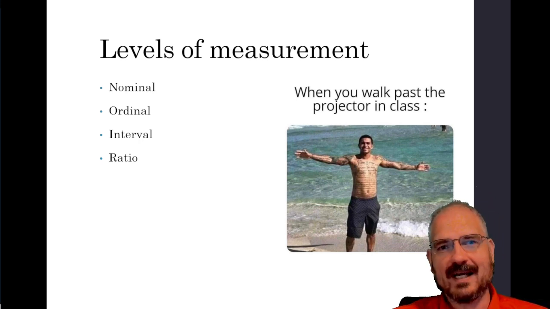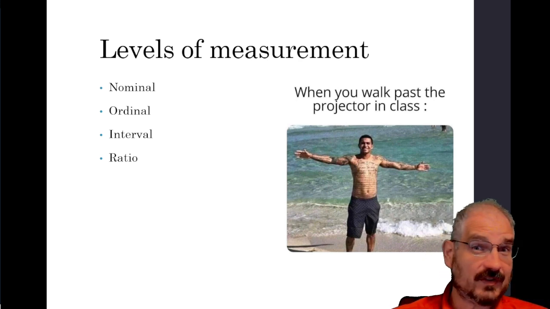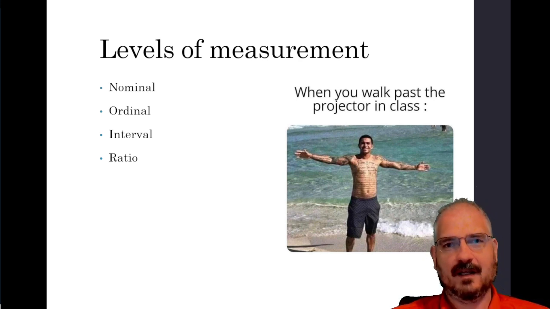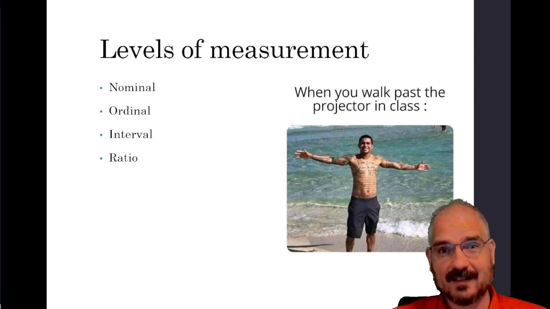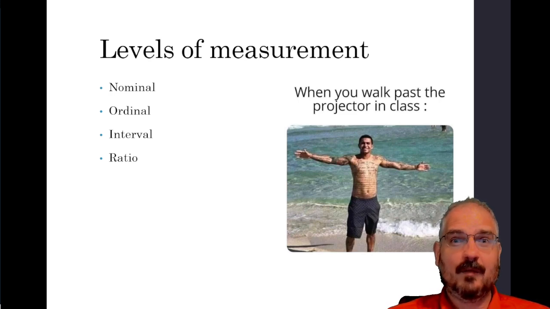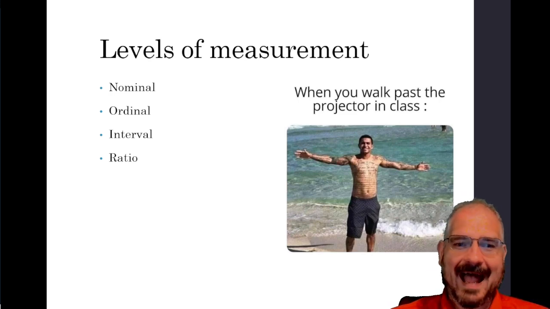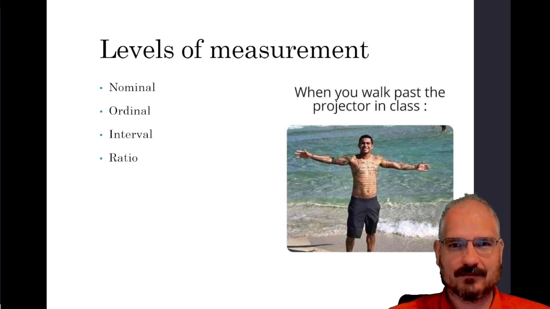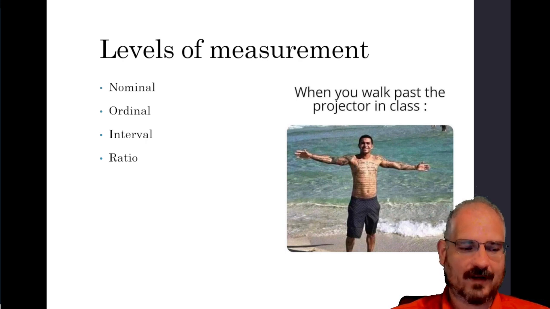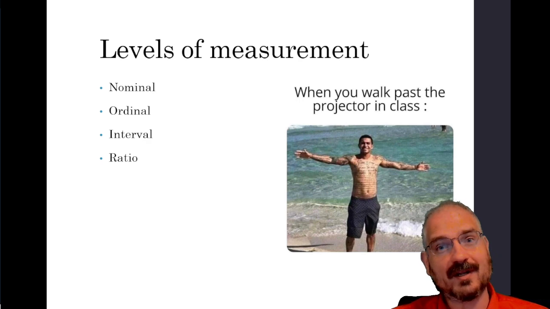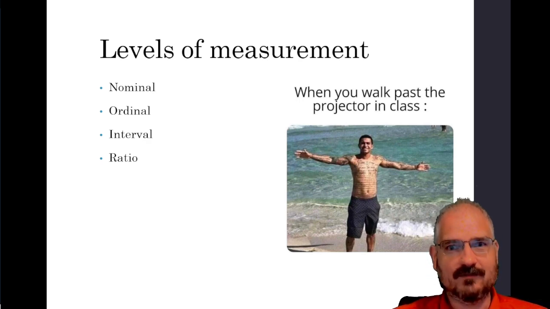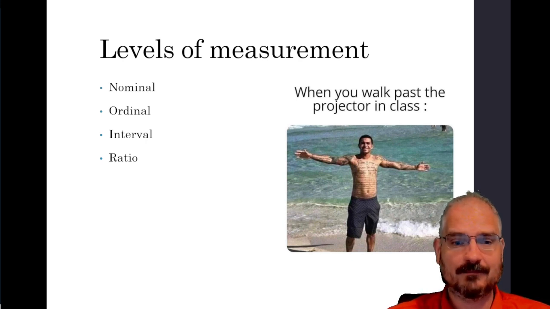So 20 degrees is hotter than 10 degrees in both Celsius and Fahrenheit, and the distance between 0 and 10 and the distance between 10 and 20 is the same, but in neither case is 0 the absence of heat. It's not the absence of temperature, right? If you want a scale of temperature that does have a meaningful 0 point, you have to go to Kelvin. Kelvin, where 0 Kelvin is, in fact, the absence of heat, right?